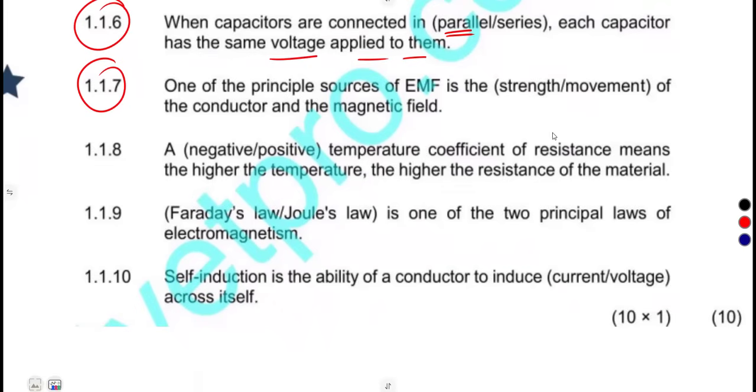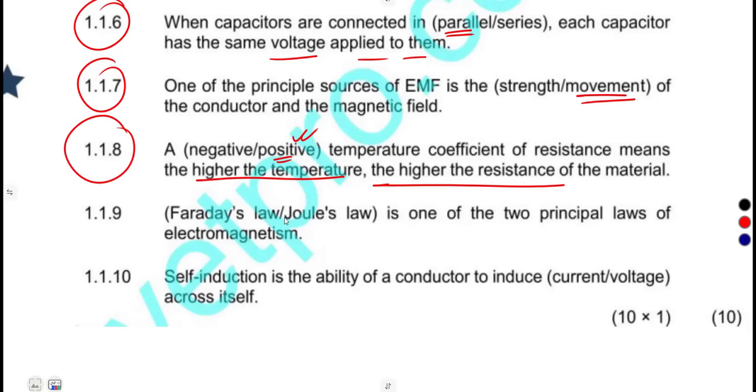Is it the strength or the movement of the conductor and the magnetic field? It is the movement of the conductor and the magnetic field. And on 1.1.8, a positive temperature coefficient of resistance means the higher the temperature, the higher the resistance.